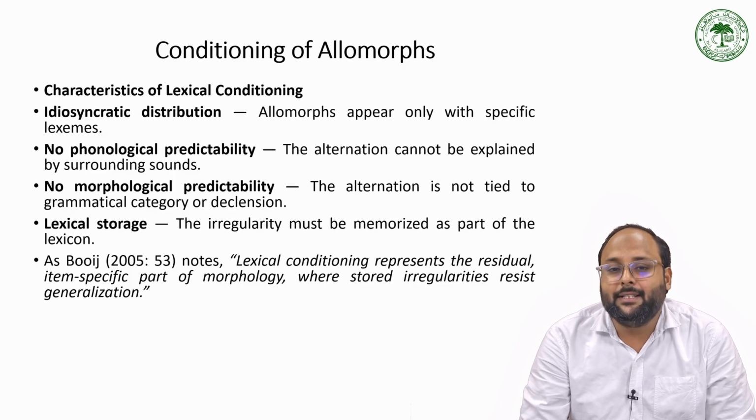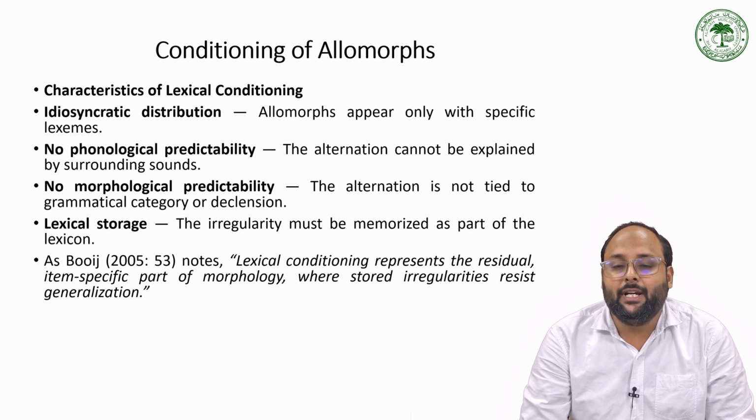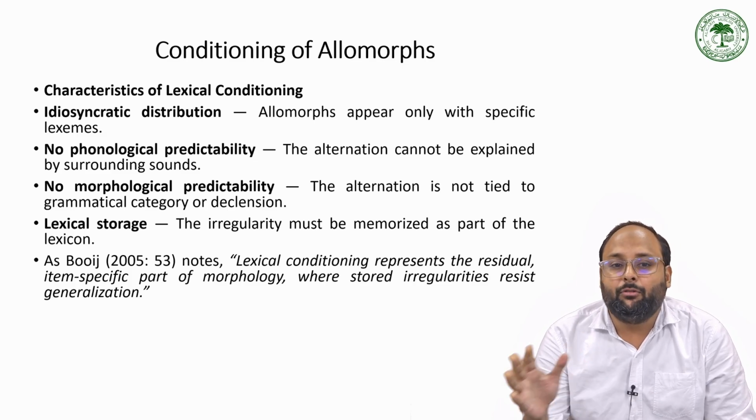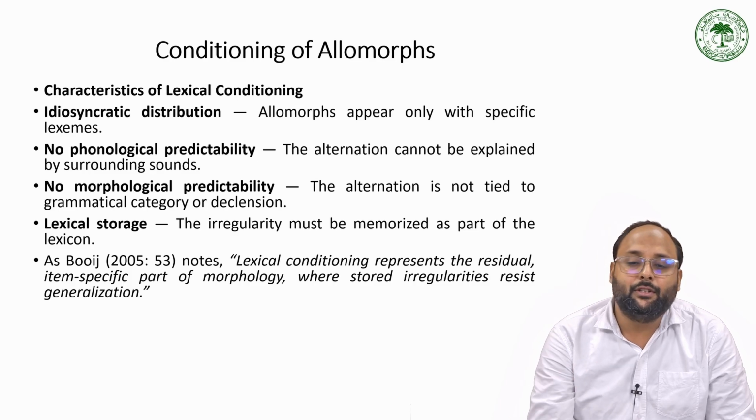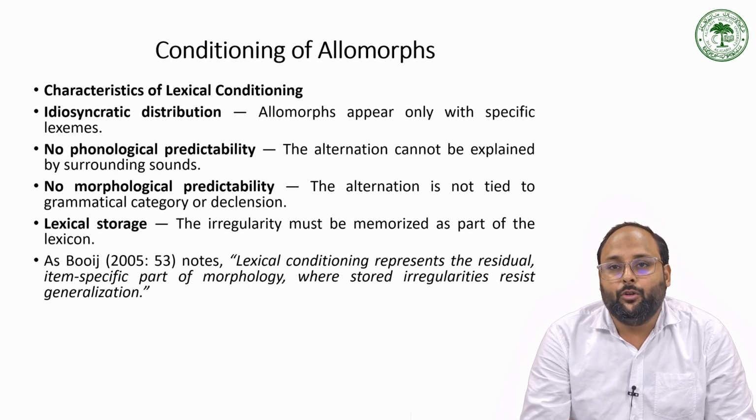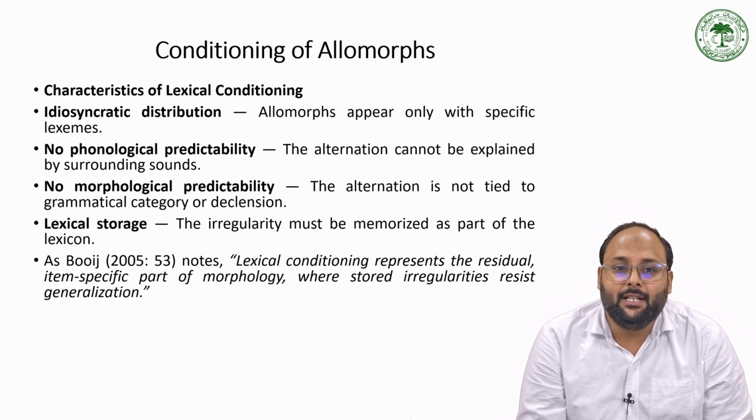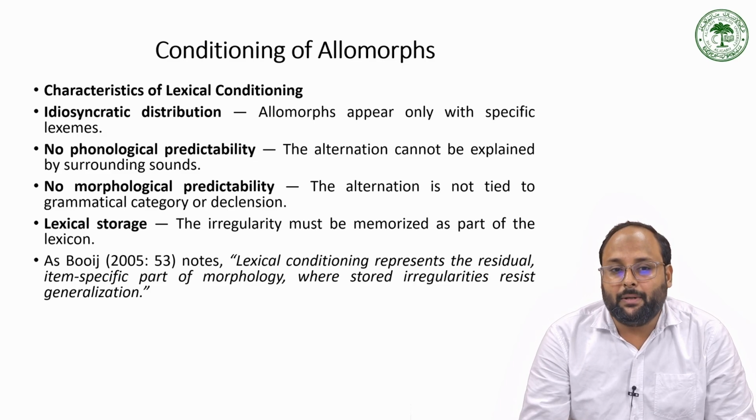In lexical conditioning, we cannot predict the variation by phonology, meaning by the influence of the adjacent sound. And there is no morphological predictability. The variation cannot be understood by the morphological requirement of that word. For example, if you are making the plural or the past, you can understand those by the morphological requirement, but lexical conditioning does not follow that pattern.